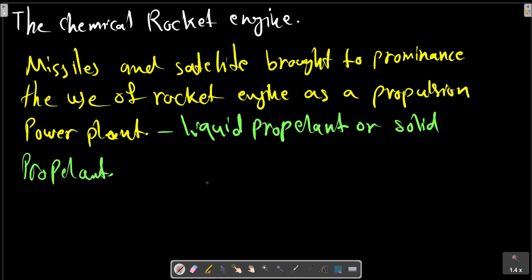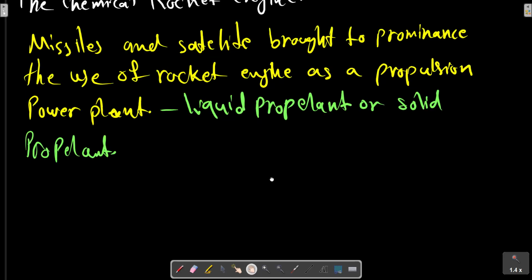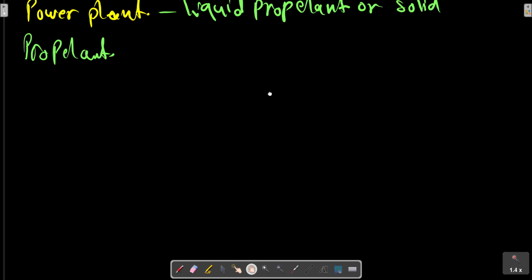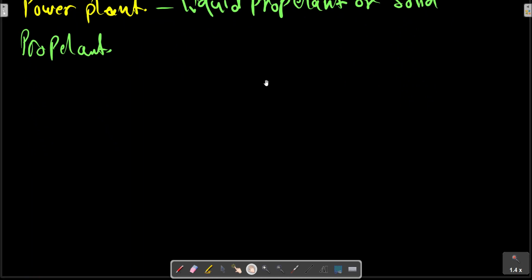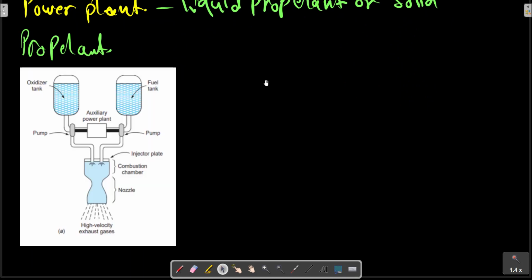This figure shows a simplified schematic diagram of a liquid propellant rocket. So we can show a liquid propellant rocket here schematically. The oxidizer and fuel are pumped through the injector plate into the combustion chamber.